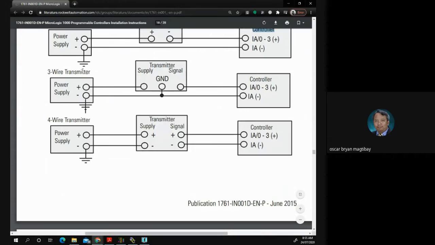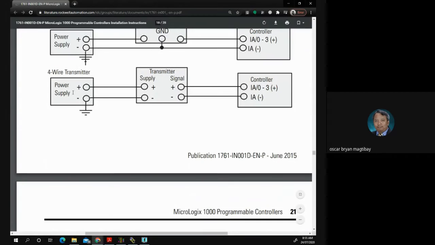But for a 3-wire transmitter, they have a common ground, or a common negative. So you need to connect the ground of the power supply and the ground of the controller directly, for both the transmitter and the controller.